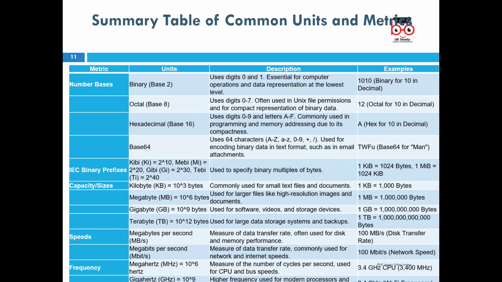Binary, which is the smallest unit available to us, has a base of 2. Going on, we have octal, which is based on 8. Hexadecimal is based on 16, where we just keep going up with the unit. Then we have base 64, where 64 characters are used to encode binary data in text formats such as email attachments.